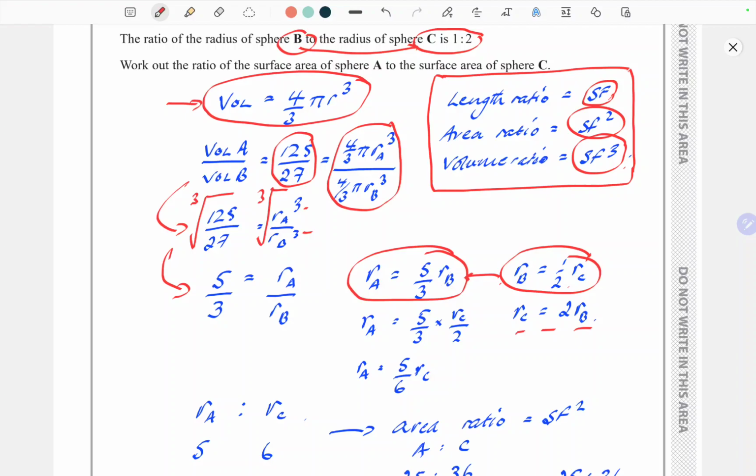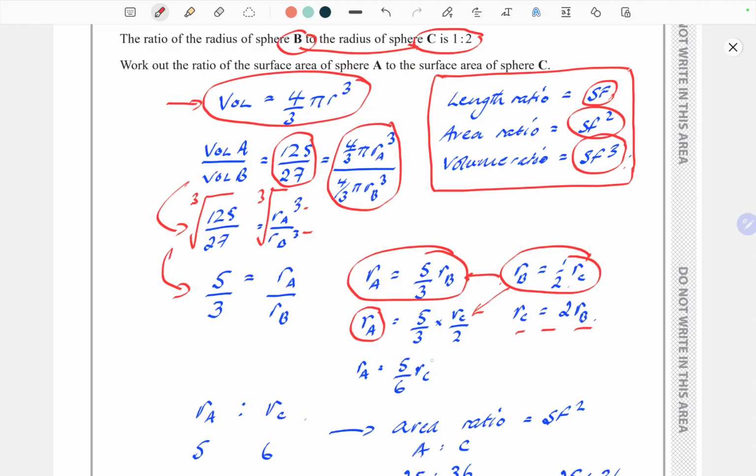So now we basically want to get rid of the radius of B. We have this statement: radius of A equals 5/3 the radius of C over 2. So we're putting that in here, replacing the RB with RC over 2.